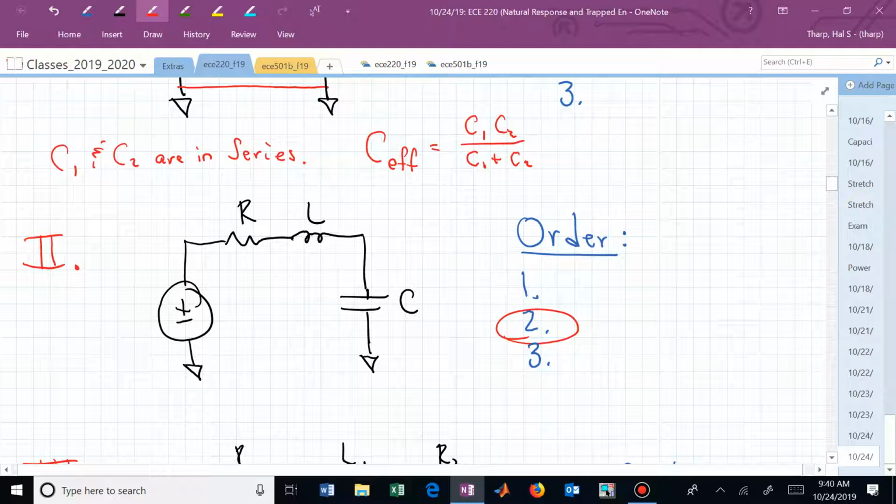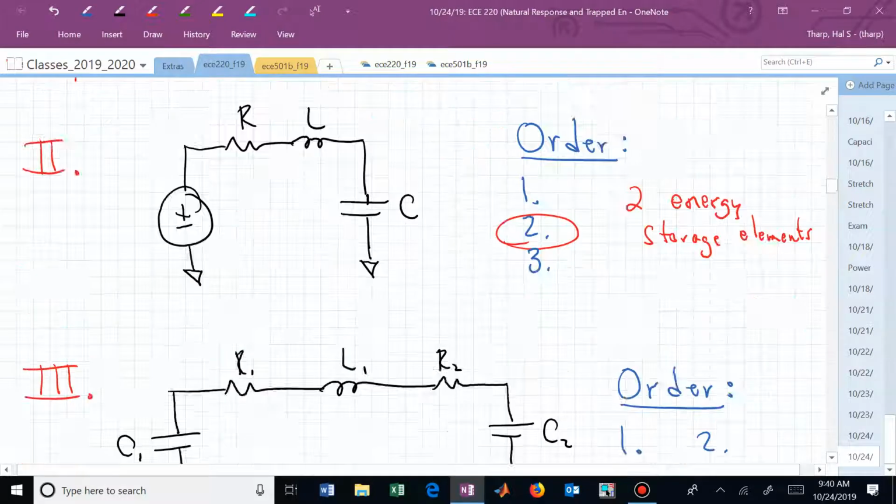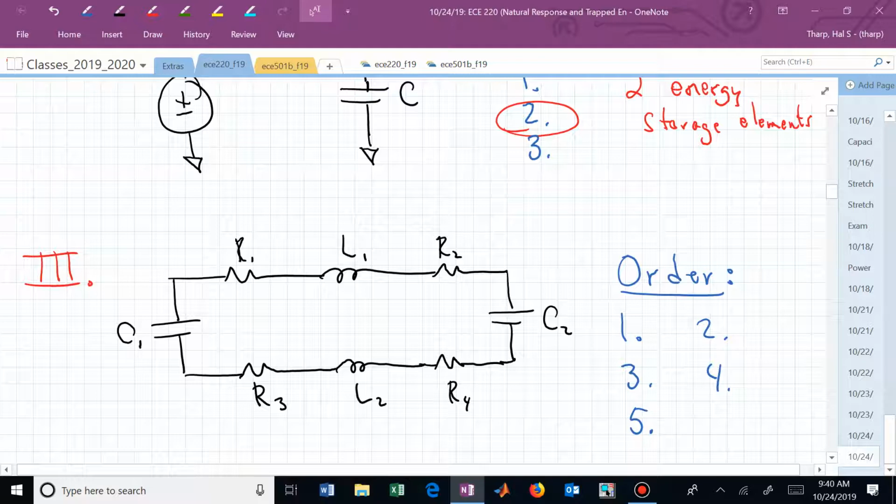It is second order. We have two energy storage devices, and they can't be combined into an equivalent single energy storage device. We now have one inductor in series with one capacitor. That's two energy storage elements.